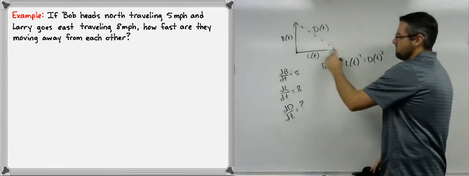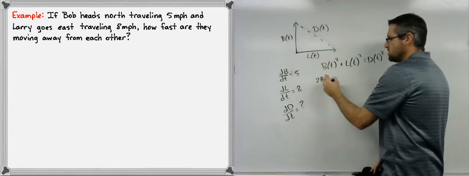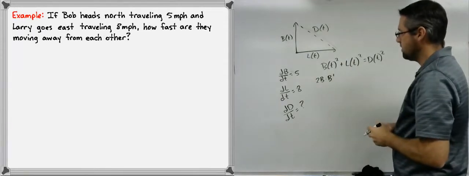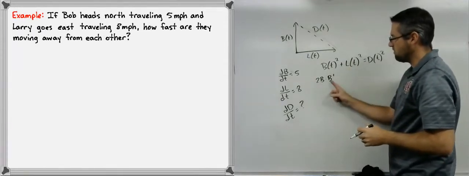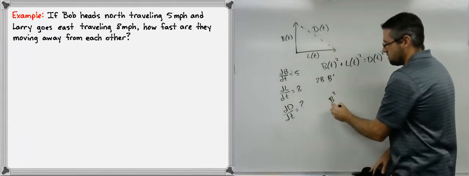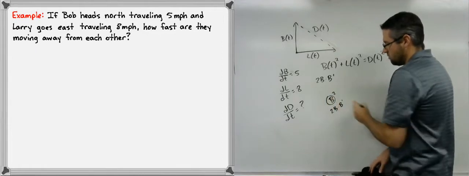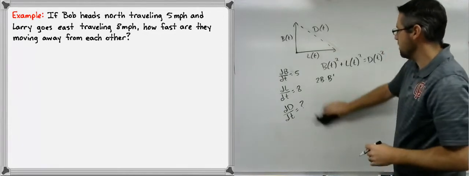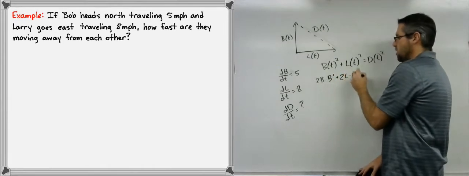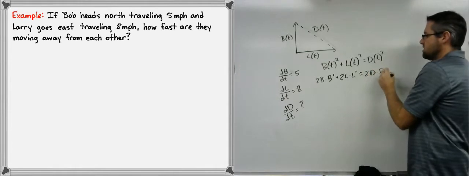So taking the derivative of this, we would get 2b times b prime, because b is a function of time. So we have to apply the chain rule, where b is on the inside. The derivative of that would be 2b, and then times the derivative of the inside thing, that'd be b prime. Okay. Same thing here. L is a function of time, so the derivative of this would be 2l times l prime. And then over here, the derivative of this is 2d times d prime.